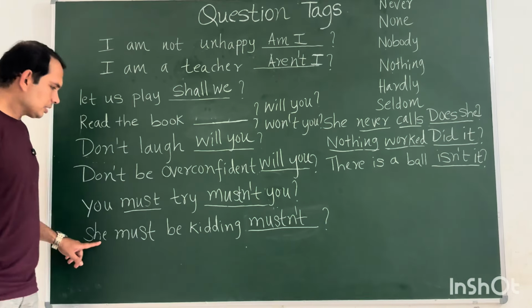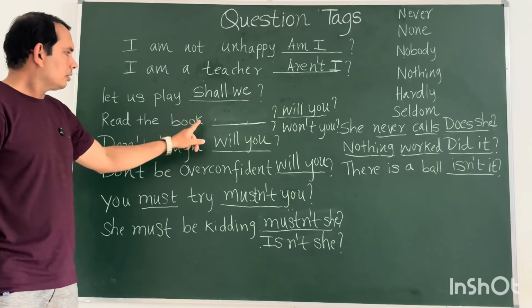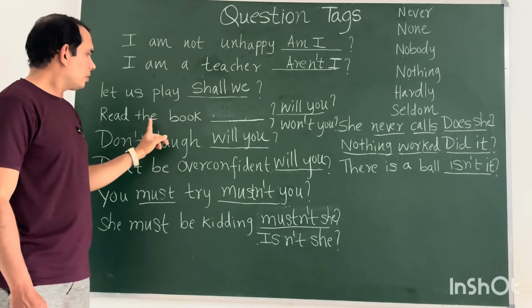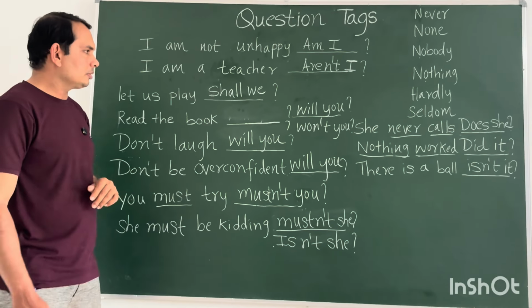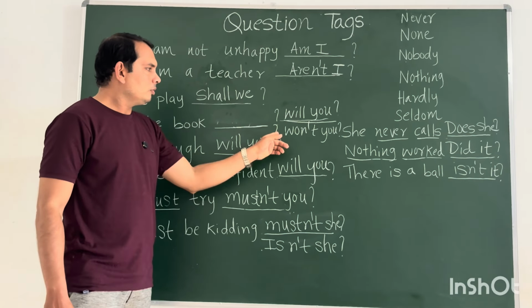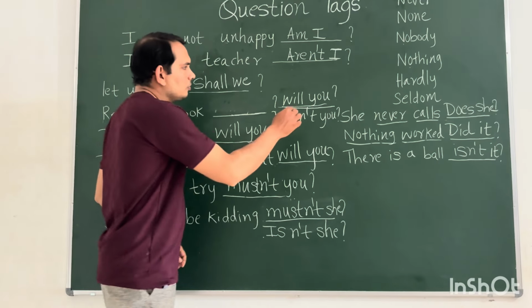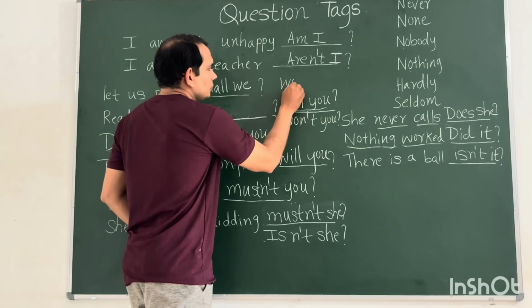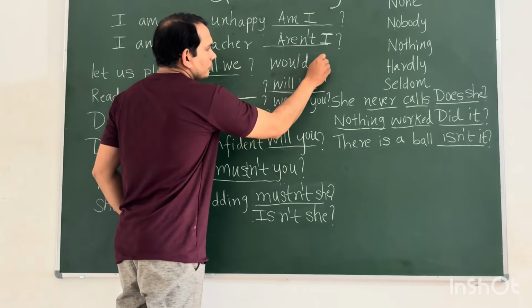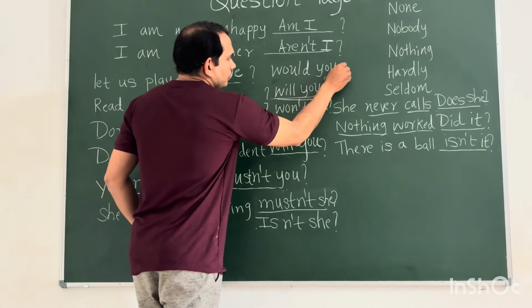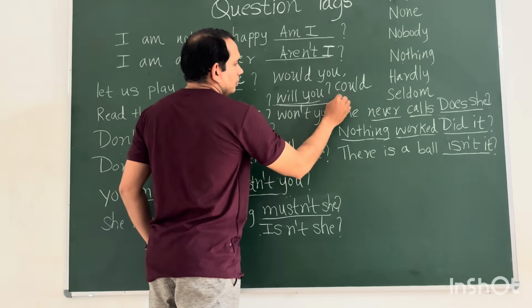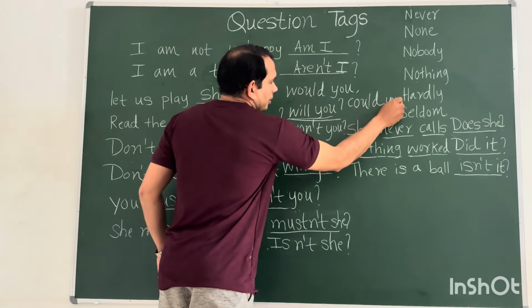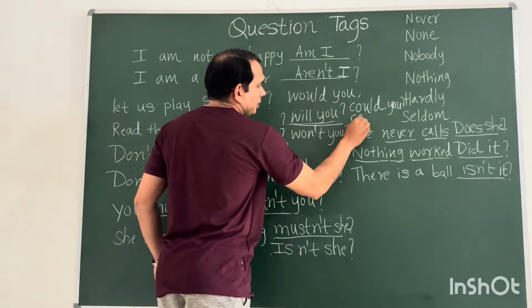Before I wind up, I would like to draw your attention to this sentence. Read the book. For such sentences, imperatives, commands or requests, we either write will you or won't you. We can also write would you, could you, and can you.